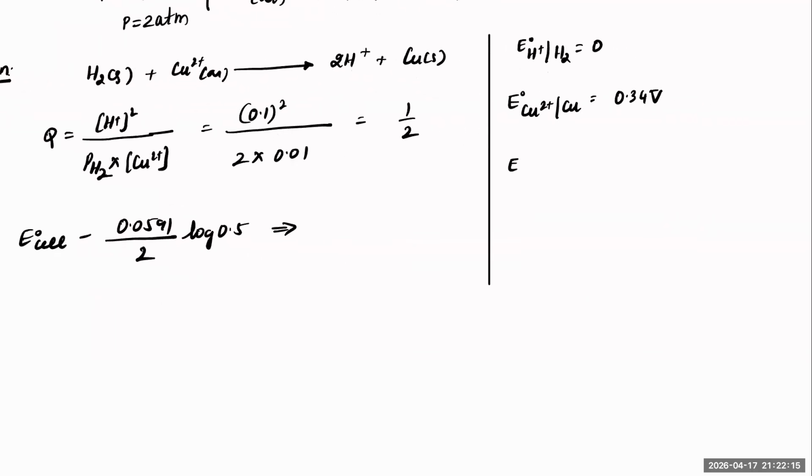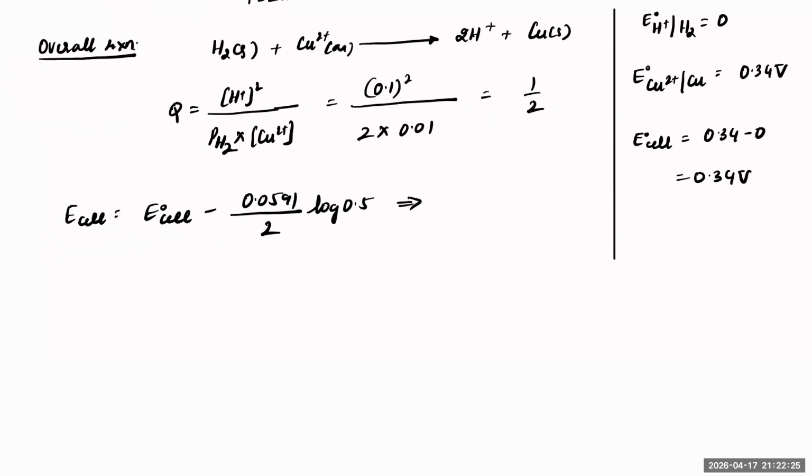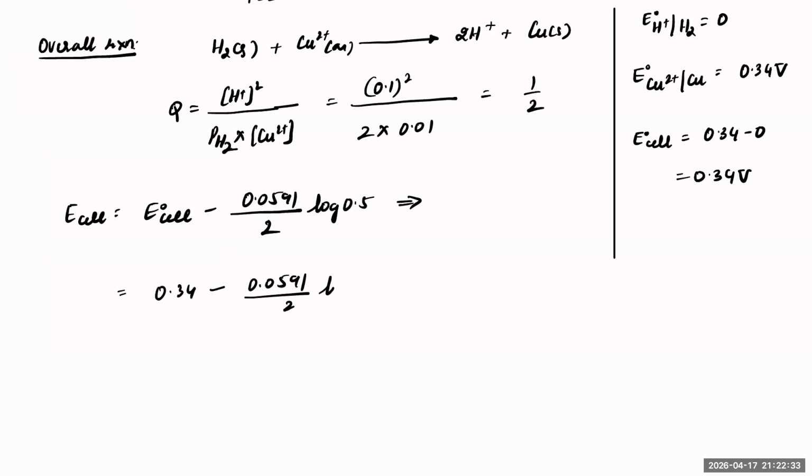So what will be E naught cell? That will be reduction minus oxidation, which is equal to 0.34 volts only. So we have 0.34 volts minus 0.0591 by 2 log of 0.5.